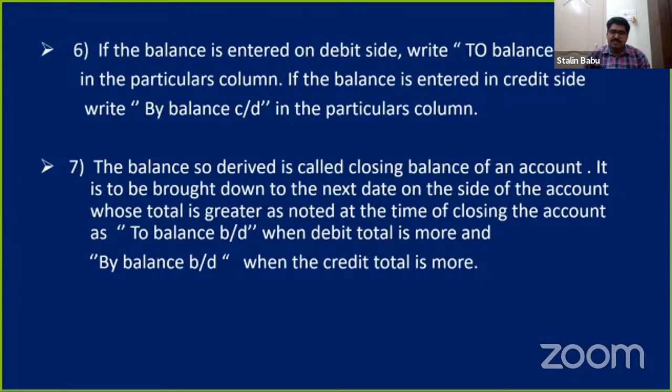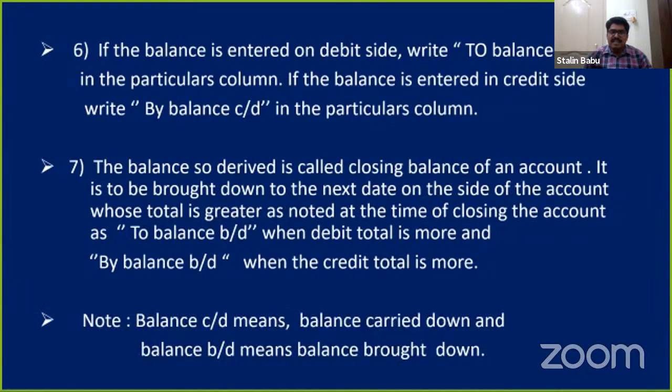So if balance C/D comes on the debit side, brought down comes on the opposite side, that is the credit side. If balance C/D comes on the credit side, B/D comes on the opposite side, that is the debit side. Balance C/D means balance carried down, and balance B/D means balance brought down.